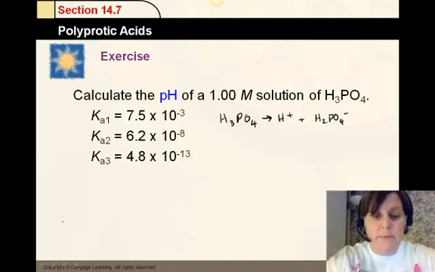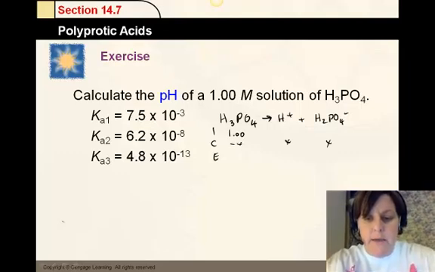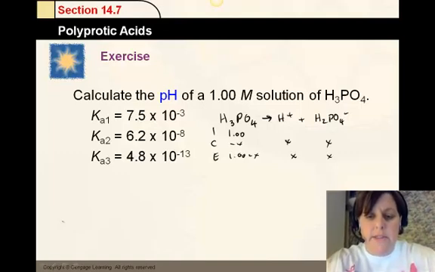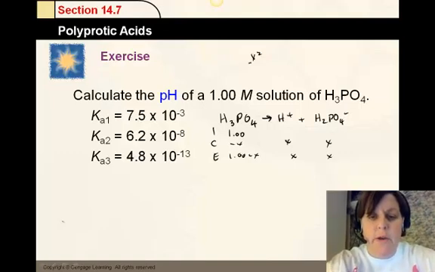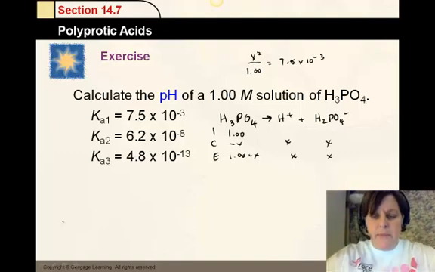This is an ICE problem, and the initial concentration is 1. You'll start to see these look very familiar. What we end up with is x squared over 1 equals 7.5 times 10 to the negative 3.